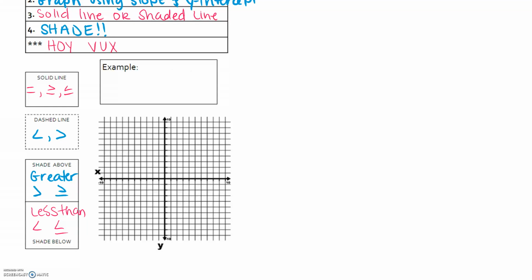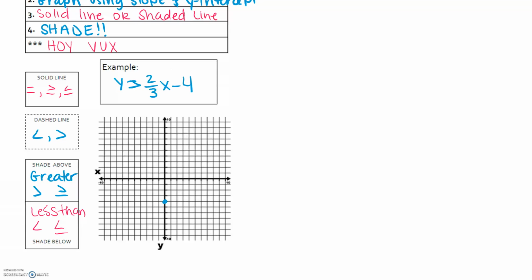This example is already in slope-intercept form for us. So we have y is greater than 2/3 x minus 4. Using my slope and my y-intercept, I'm going to graph this. My y-intercept is -4, so I'm going to start at the origin, go down 4 and put a point.